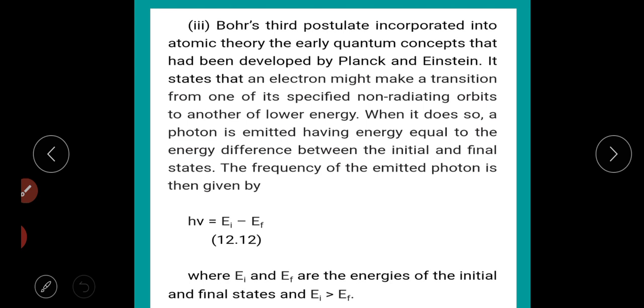During its transition, the electron will emit some energy in the form of a photon. The photon energy is given by E equal to h nu. That is the energy difference between the two energy levels, Ei minus Ef, with the condition Ei is greater than Ef.